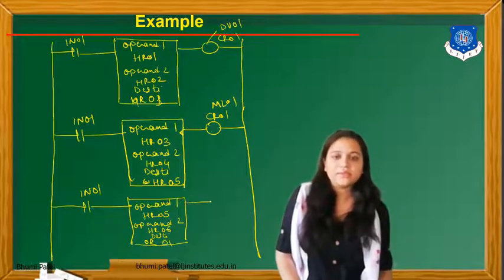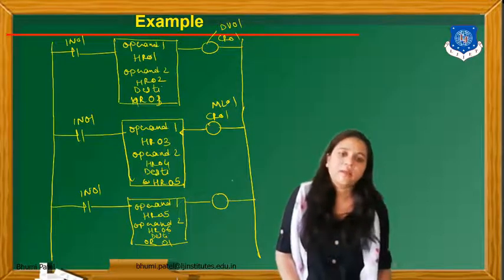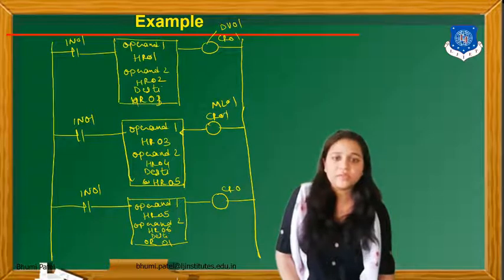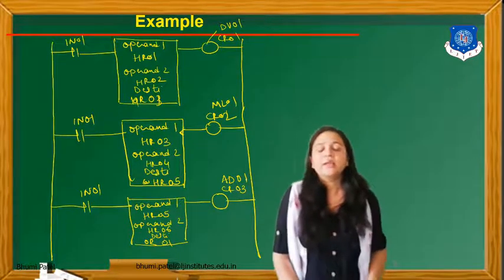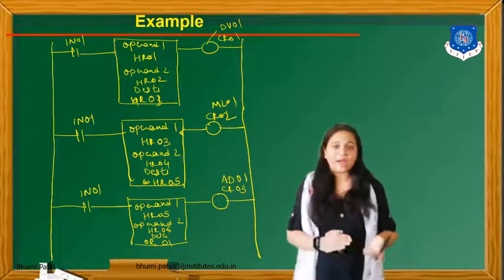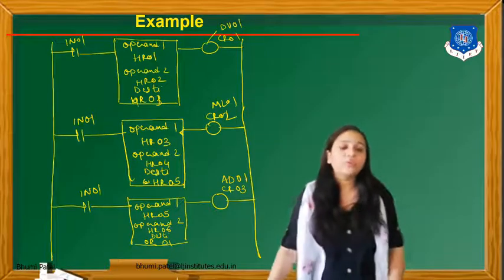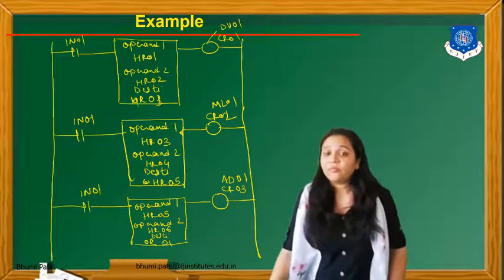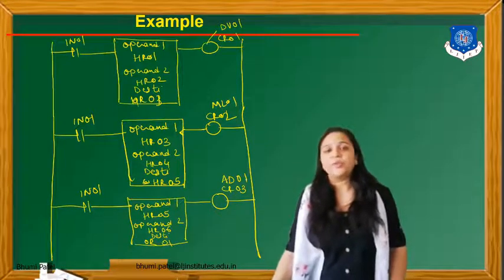This is my addition instruction. Suppose this is CR01, this is CR02, and this is CR03, and the instruction for the addition is AD01.